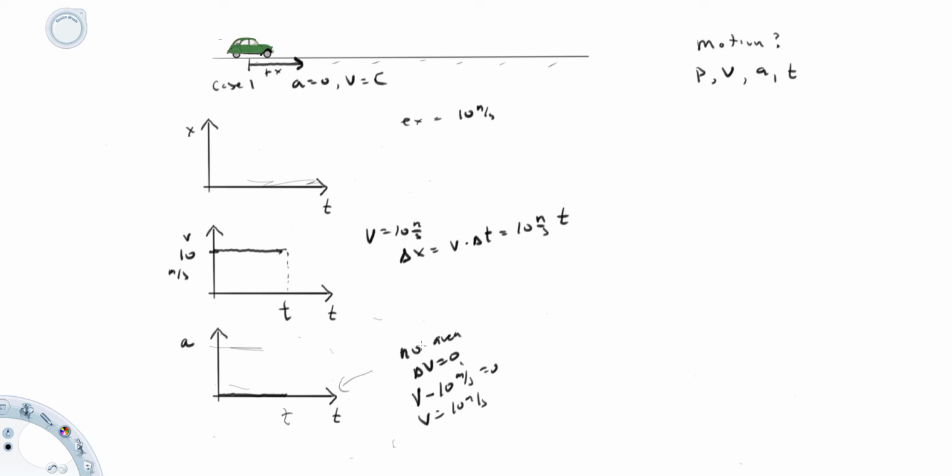Now, delta x is x final minus x initial, and we note that at t equals 0, x is 0. I'm going to leave the units out. I'll put NCU for note consistent units. So we get x equals 10t. That's a linear function, slope 10.